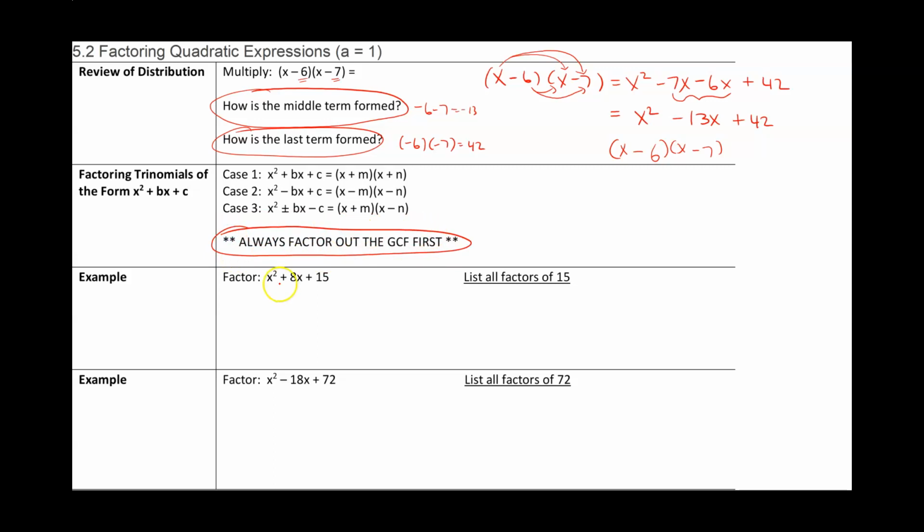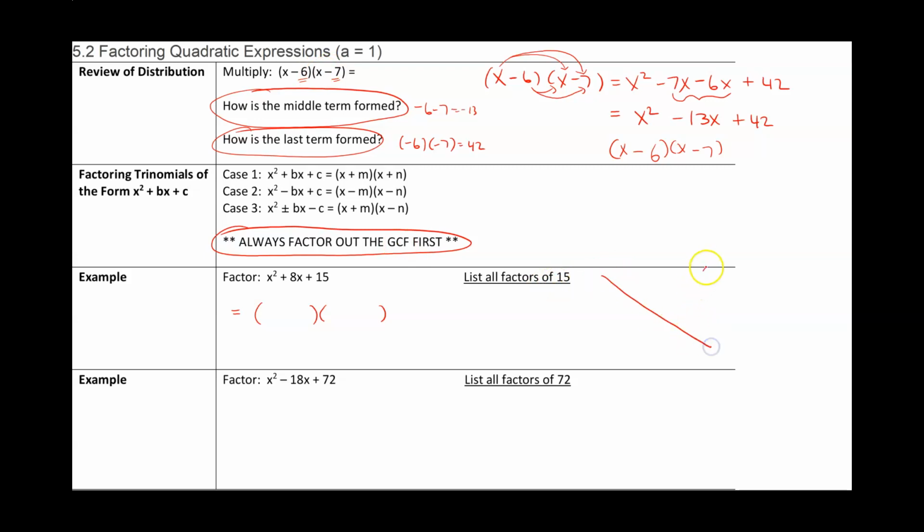So let's take x squared plus 8x plus 15, and we want to factor this. We want to have two terms which multiply to x squared plus 8x plus 15. And here's what we know. Whatever these two terms are, they have to multiply to be the last term, so they have to multiply to be 15.